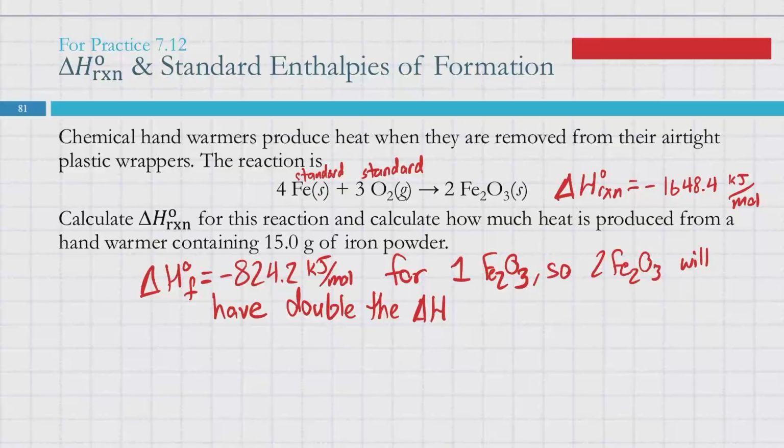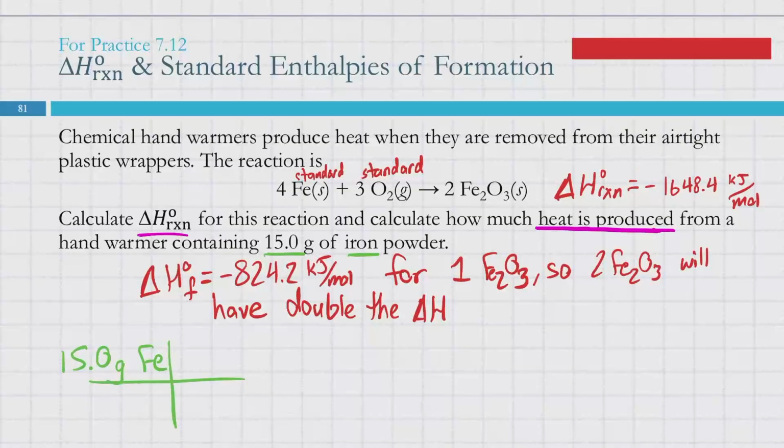And then we can start with our 15 grams of iron powder. So we just did the delta H of the reaction, the standard enthalpy of the reaction. We also want to calculate an amount of heat. So how much heat is produced from 15 grams of iron powder? So 15 grams of iron powder is going to be Fe. So we're talking about the Fe here.